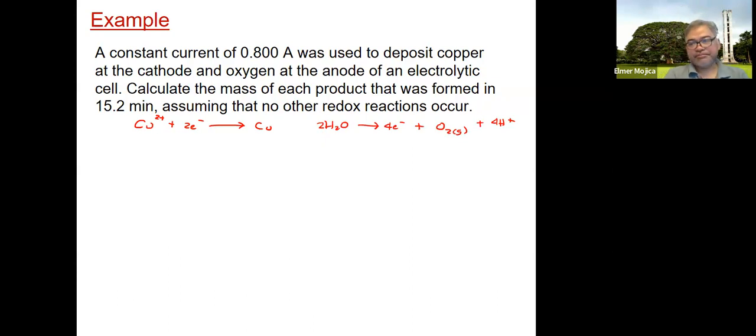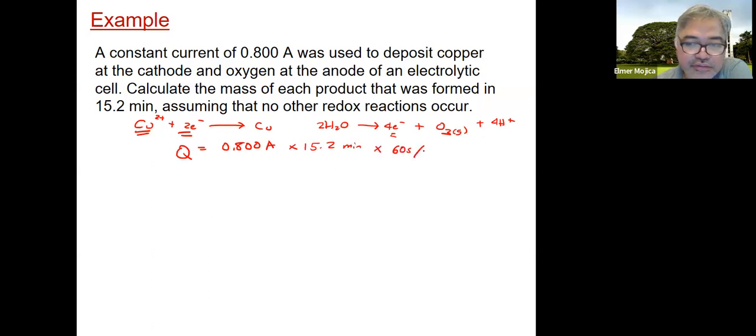So what can we say about the equivalence of the mole of copper with respect to the mole of the electron? For every 1 mole of copper, there are 2 moles of electrons. And 1 mole of oxygen corresponds to 4 moles of electrons. So from the definition of Q, that would be equal to what? The ampere times 15.2 minutes times 60 seconds per minute.